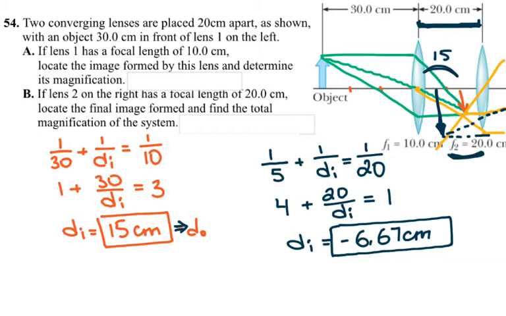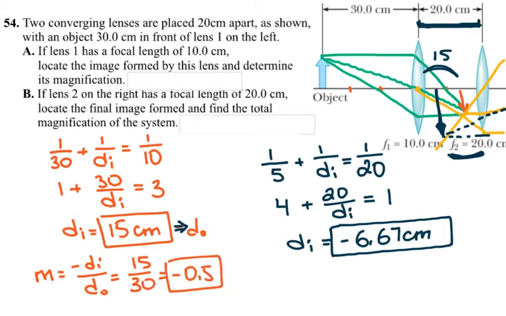And to calculate magnification for the first one, magnification is negative d_i over d_o, so that is 15 over 30, and gives me negative 0.5. And for the second one, I have the magnification, negative d_i over d_o, the same formula.